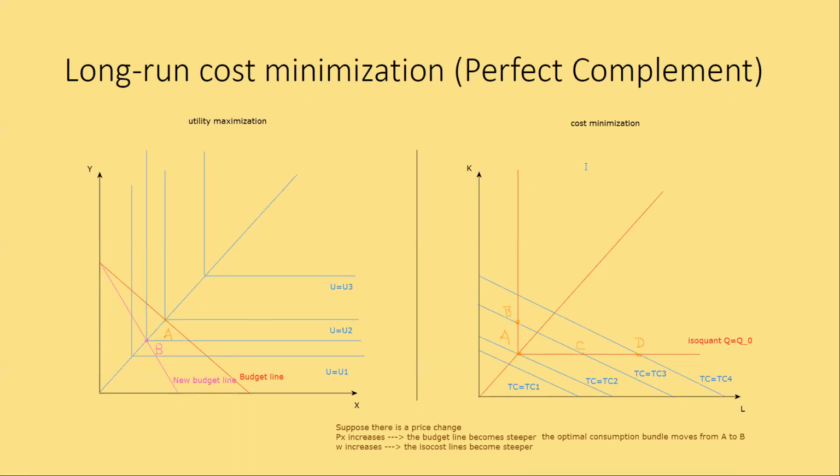However, in the producer case, when the wage rate for labor increases, let's see what happens. So I'm going to use also a different color, but I'm not going to use pink. I'm going to use this green color.